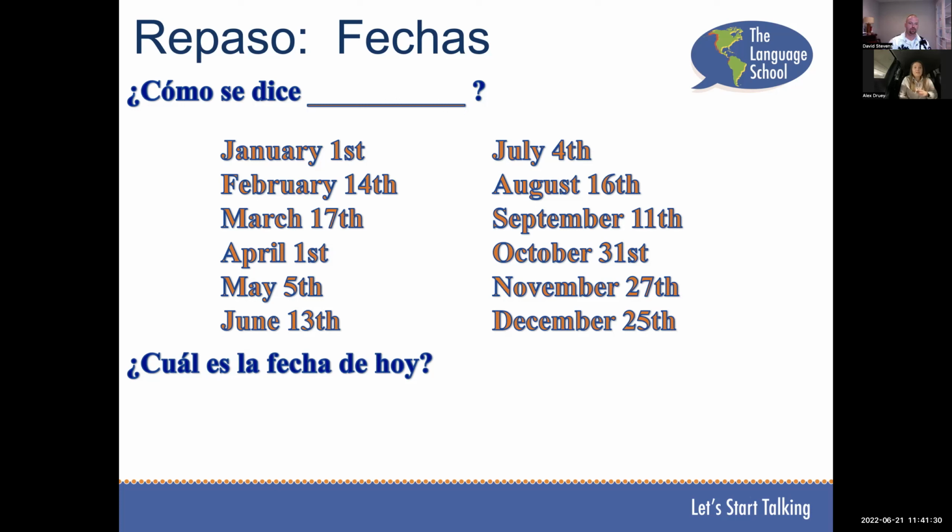¿Cómo se dice May 5th? Es el 5 de mayo. ¿Cómo se dice June 13th? Es el 13 de junio. ¿Cómo se dice July 4th? Es el 4 de julio. ¿Y cómo se dice August 16th?